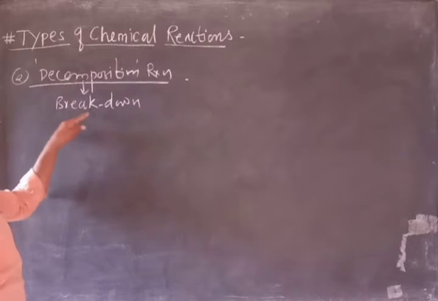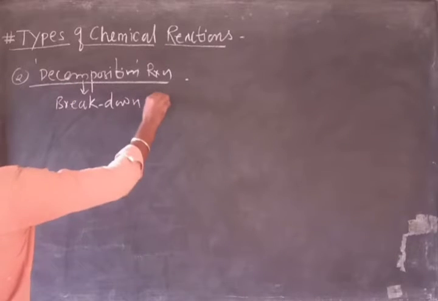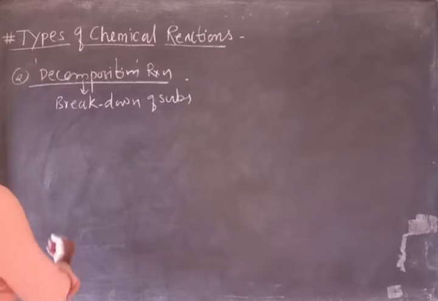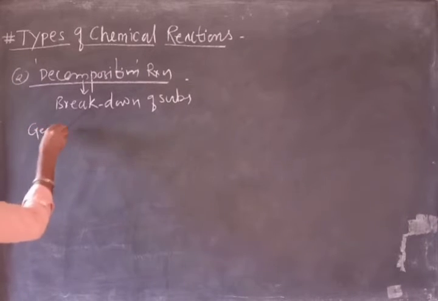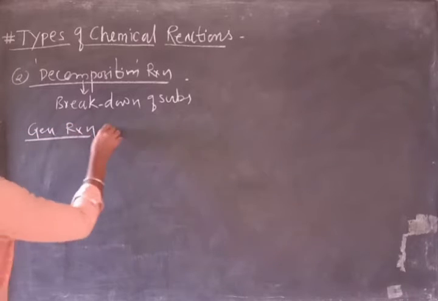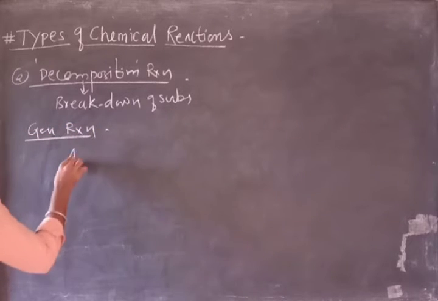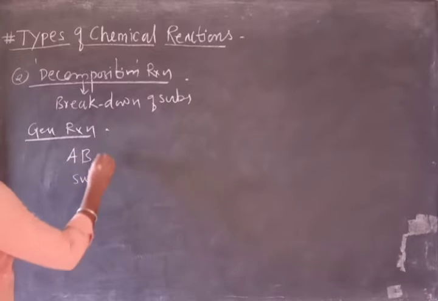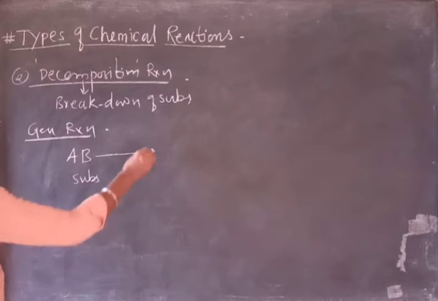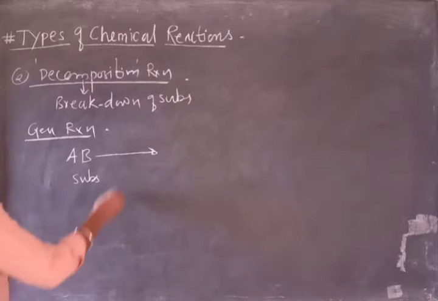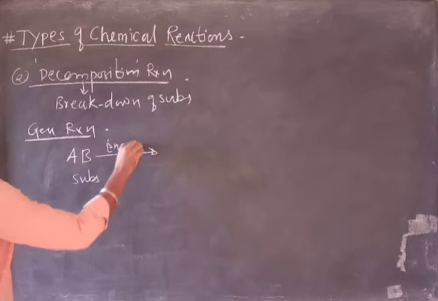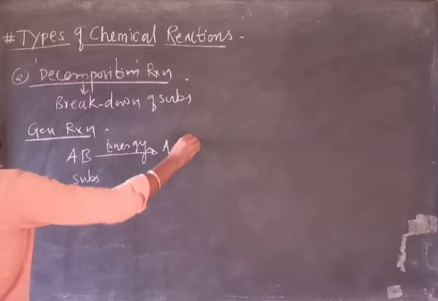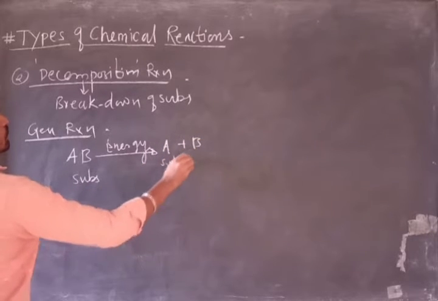So, in a decomposition reaction, the breakdown of substances will take place. Consider the general reaction: we have a single substance AB, and because we are giving particular energy, this substance is going to break down into A and B, new substances.